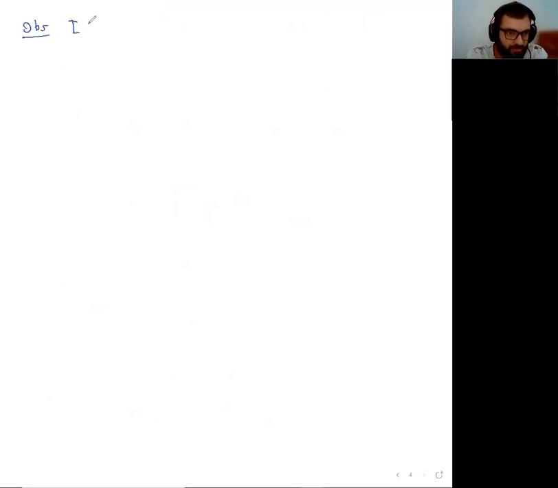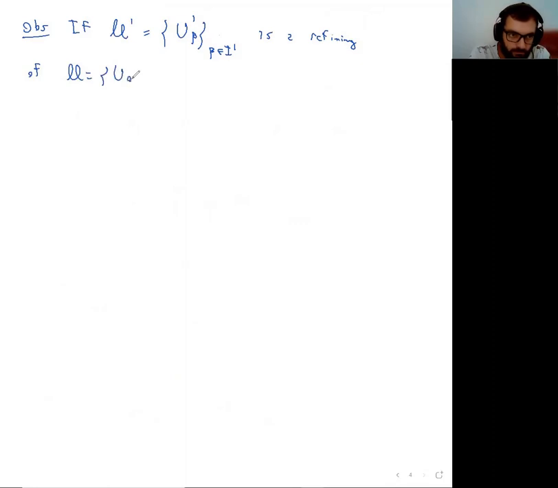So let's say that we have U prime, okay, this is in some index. And let's say this is a refining of our original cover. And we write that U prime is this symbol here.